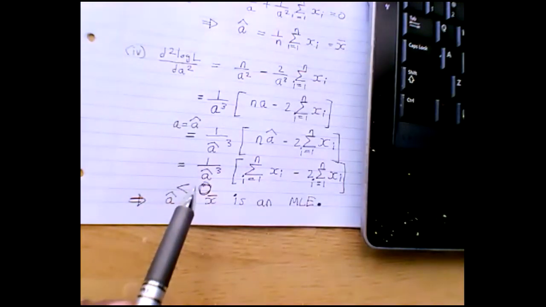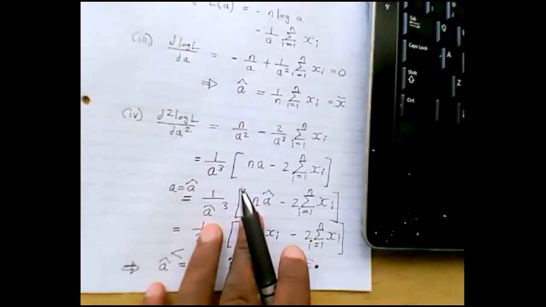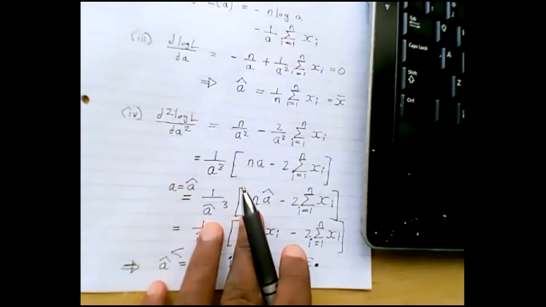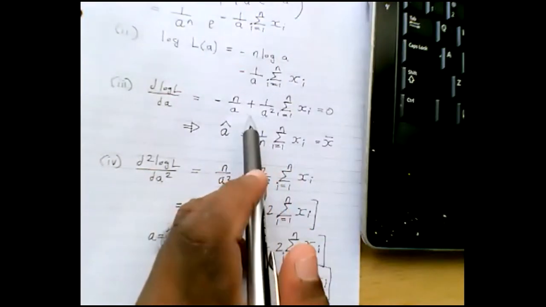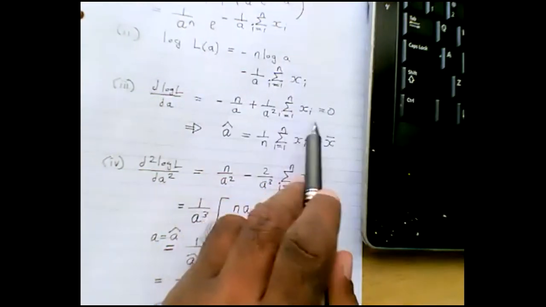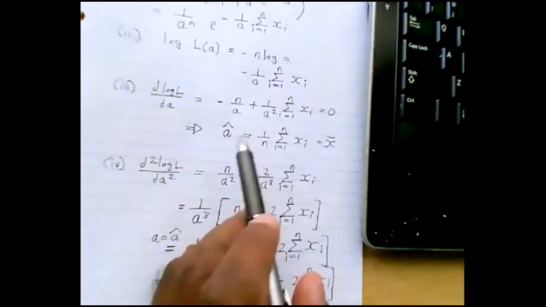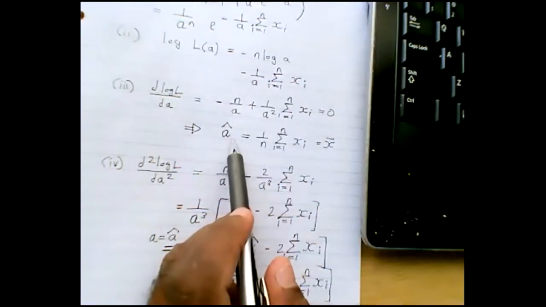I have a question from Robert: why is n a hat equal to the sum of xi? I thought I explained it here, Robert. If you put this equal to 0, you get the solution a hat equal to this.